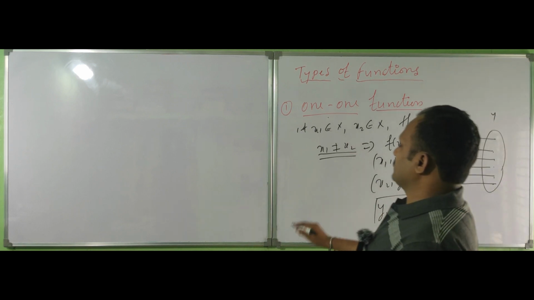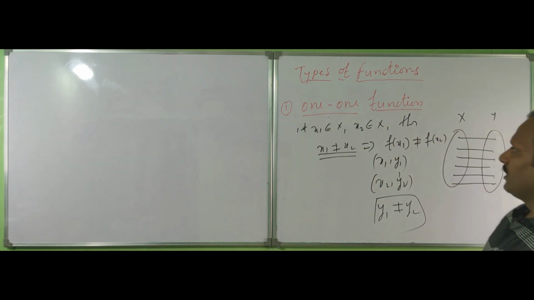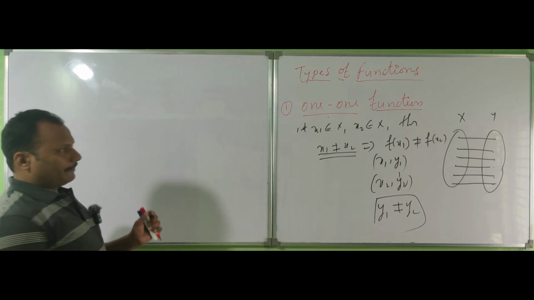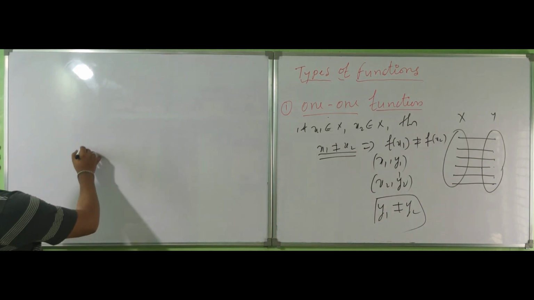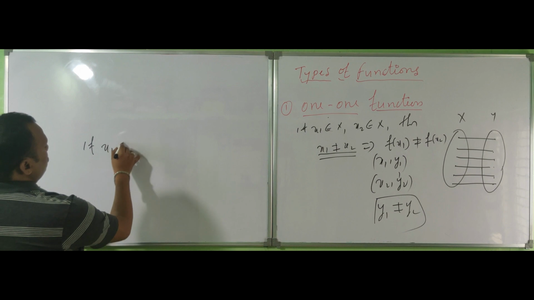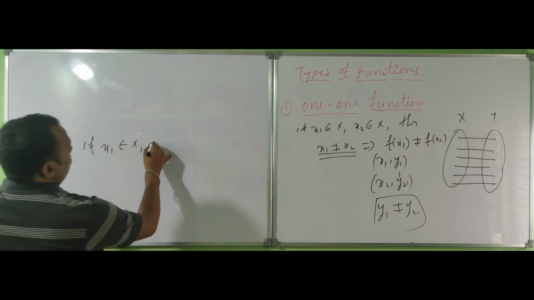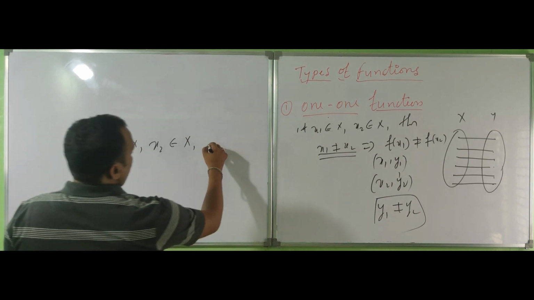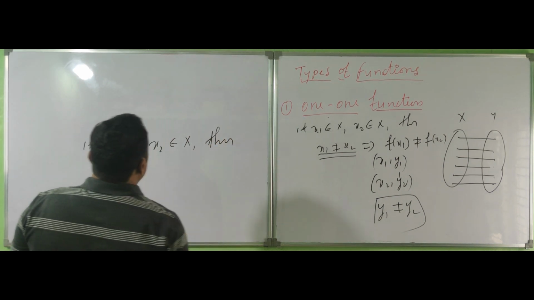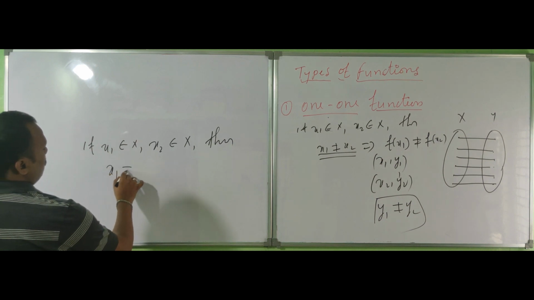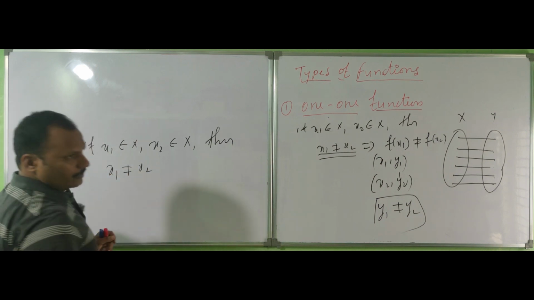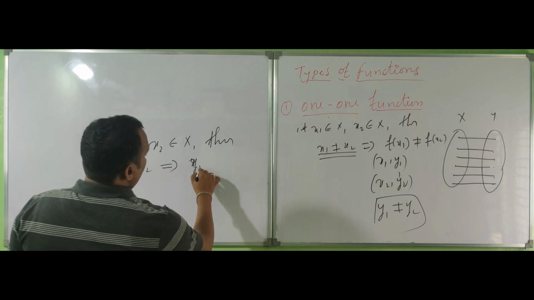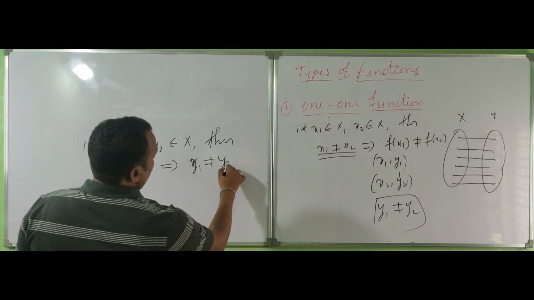In mathematical form, listen carefully: if x1 belongs to x and x2 belongs to x, and x1 is not equal to x2, this implies that y1 is not equal to y2.